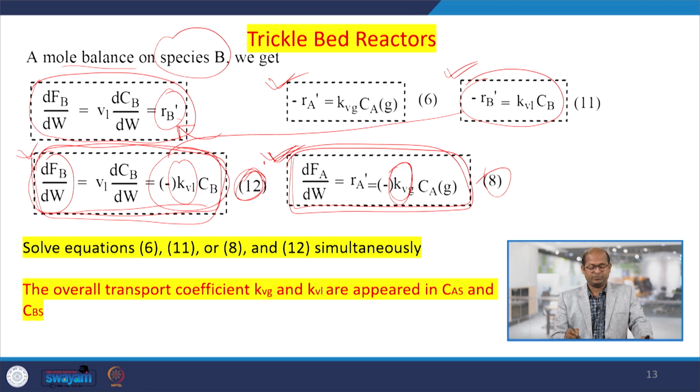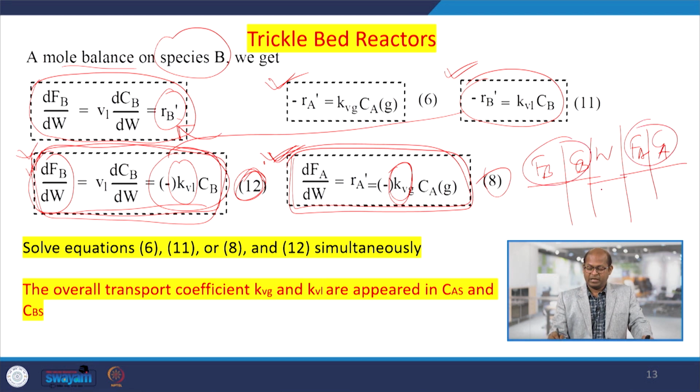Then we can substitute and easily solve this equation at different concentrations, that is F_B, C_B, W, and F_A, C_A. These are the components at various catalyst weights if you know them.